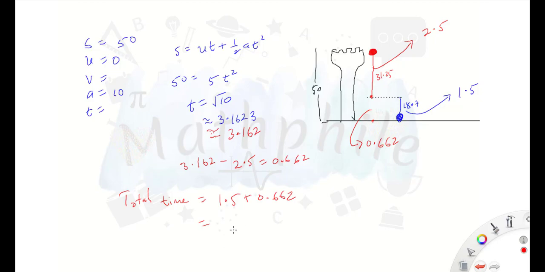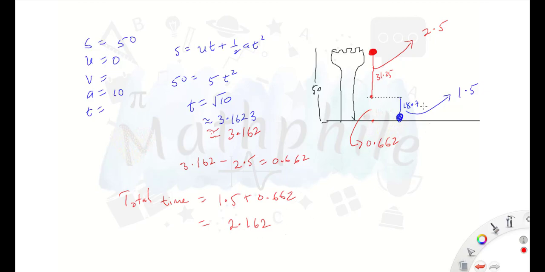And this is going to give us, I think it should be 2 point something, 2.16. Is that okay? Because this plus this is 11, so yeah, 2.162.